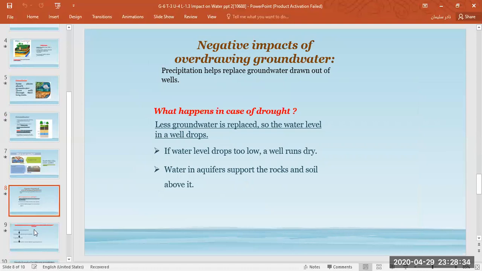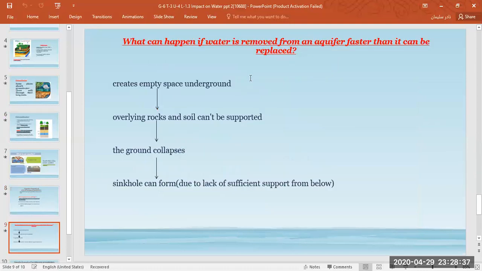But what will happen if water is removed from the aquifer more than it is replaced, or faster than it can be replaced? People are taking groundwater, but the amount replaced is less or slower. Do you know what would happen? There will be spaces between the rocks, because the groundwater is not replaced in the same amount it is taken.